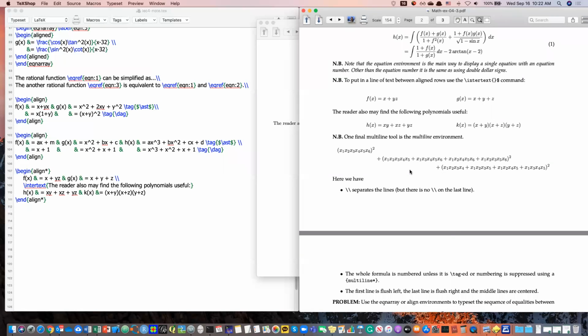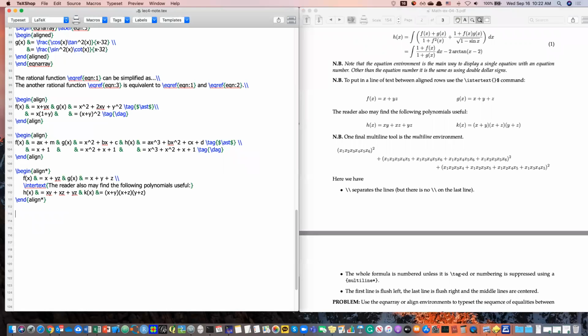What if one equation is really long, so that we have to split the one long equation into multiple parts? Then we use multline. So let me replicate this one. Begin multline, and then end multline.